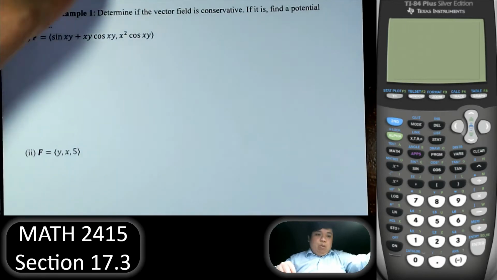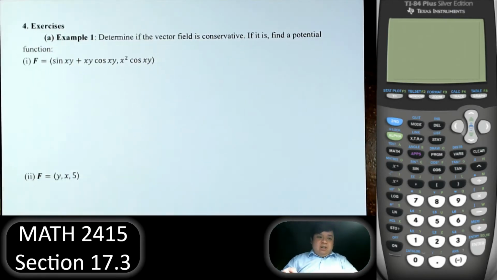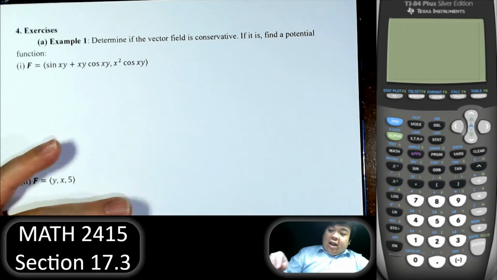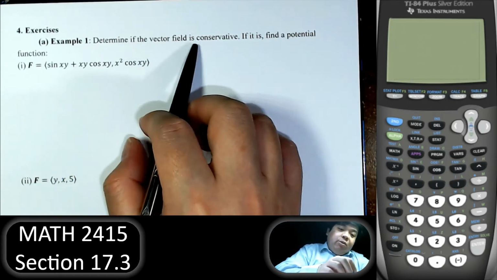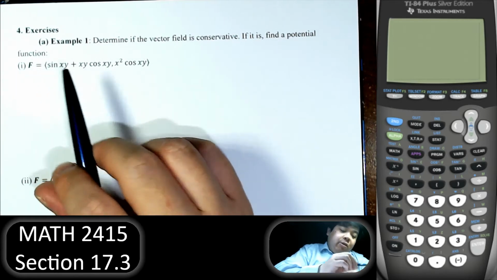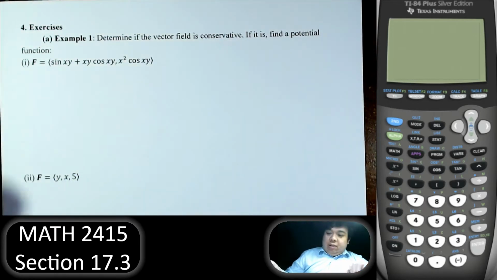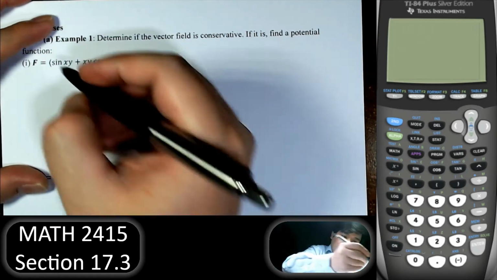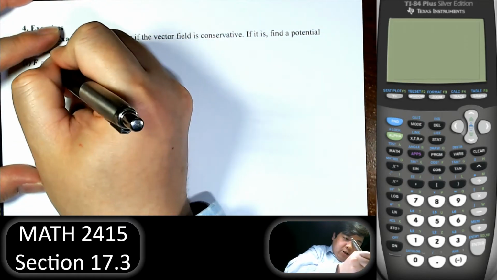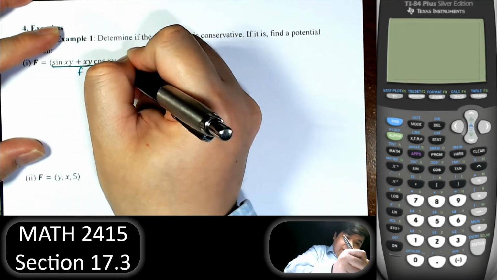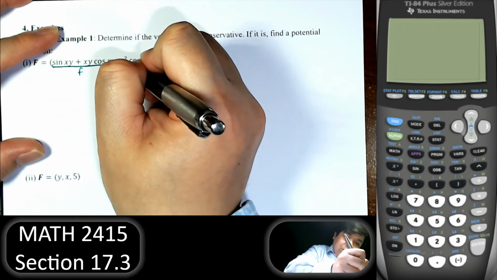Right. Now we do some exercise. First, let's try to find the potential function. Again, determine if the vector field is conservative. If it is, find the potential function. So that first part is f, this is g.